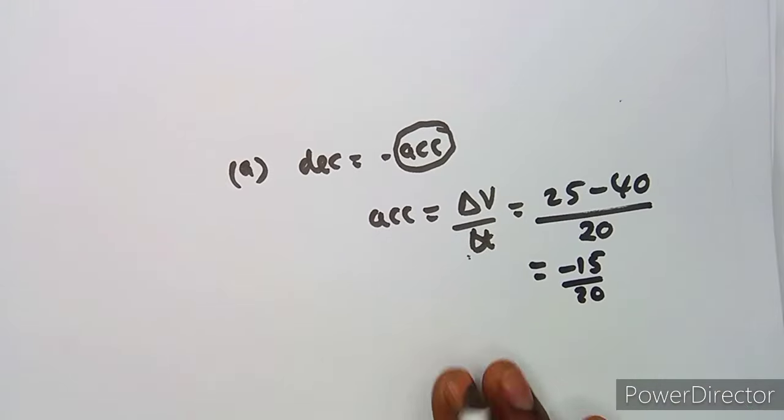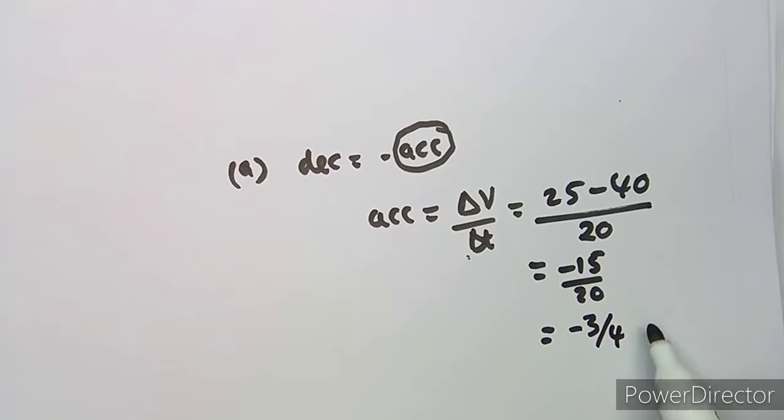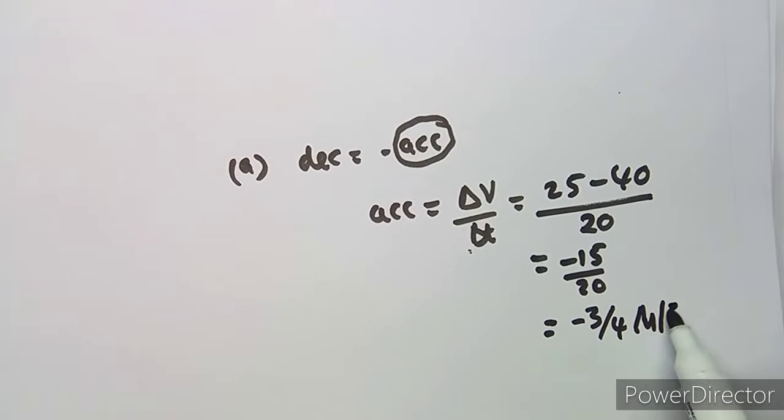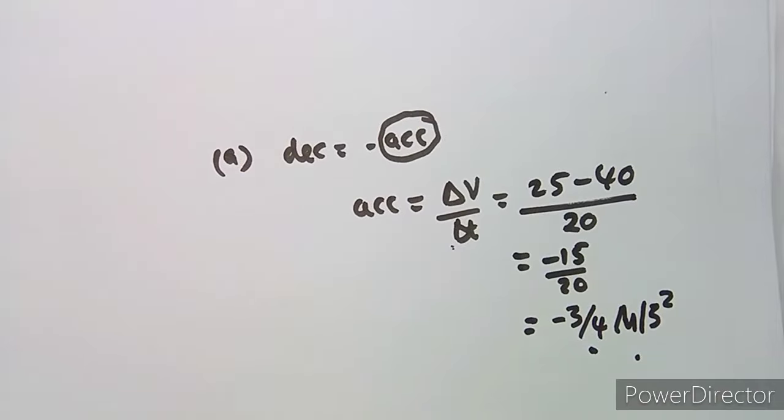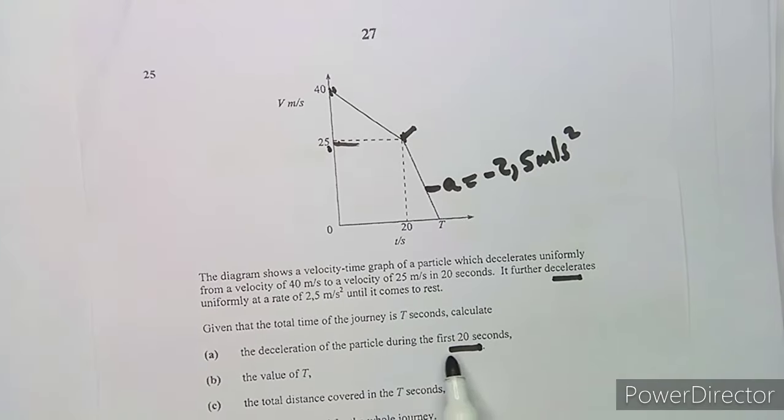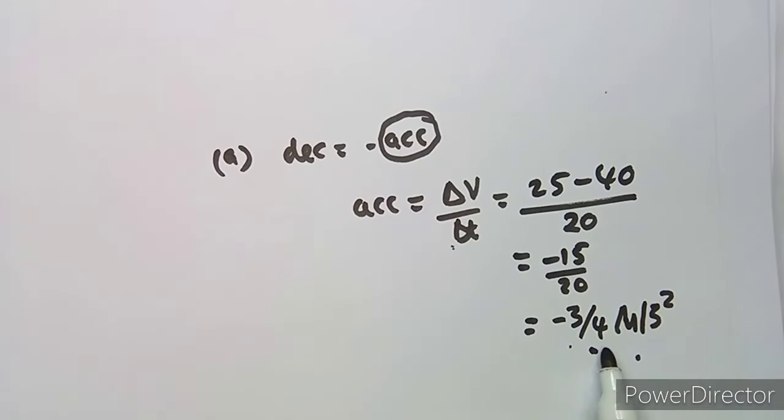I'm just going to be fast, as you can see people are now waking up, which gives minus 3 over 4 meters per square second. All right, so that's what we are going to have. But this is the deceleration that we are given, because during this period our acceleration is negative.